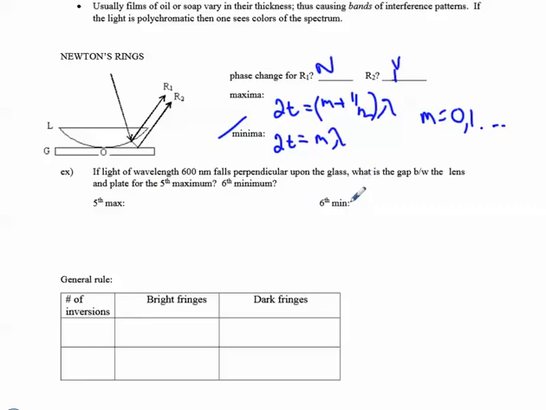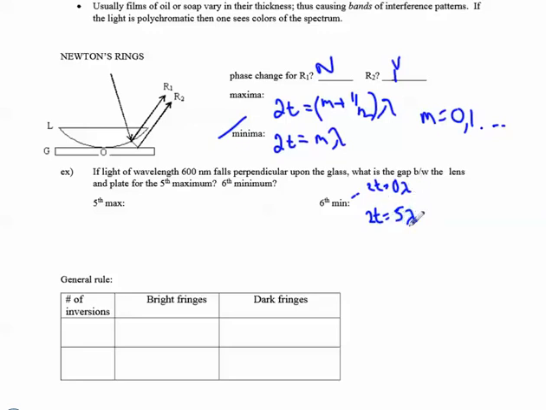So I'm going to start with the 6th minimum because that's easier, because we know that when the path difference equals 0 lambda, we have a minimum. So that's the first one. The 6th minimum would then be when 2t equals 5 lambda.